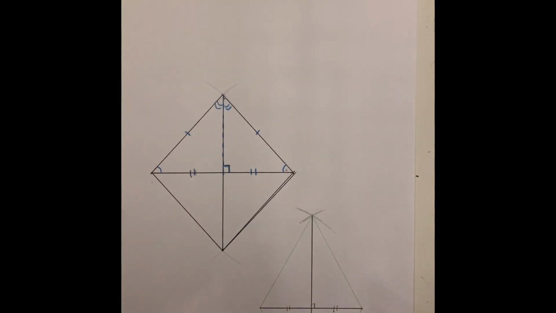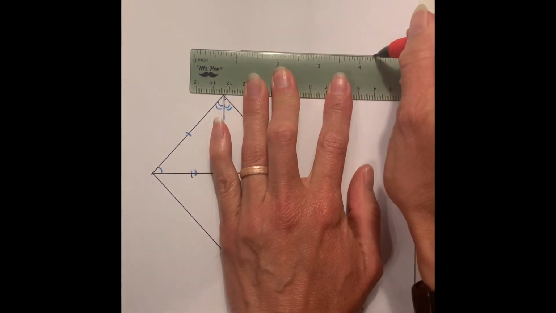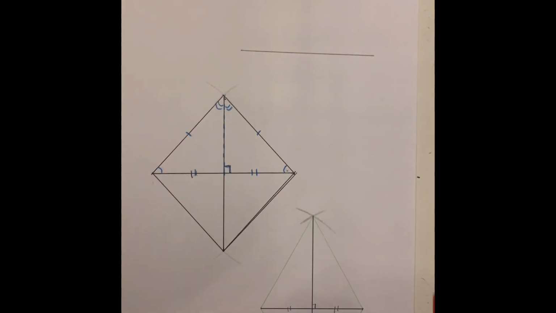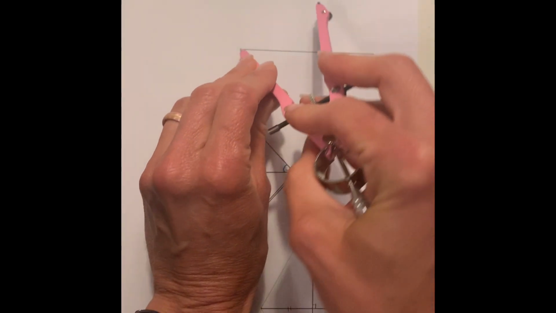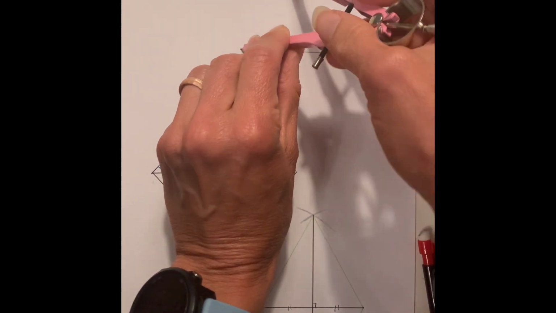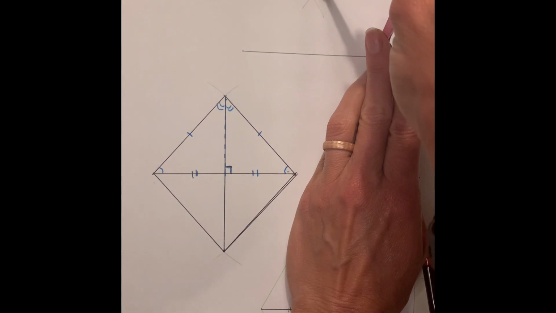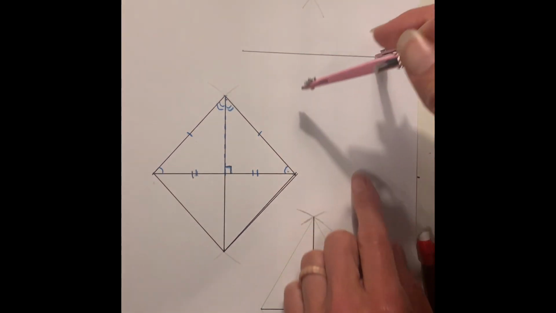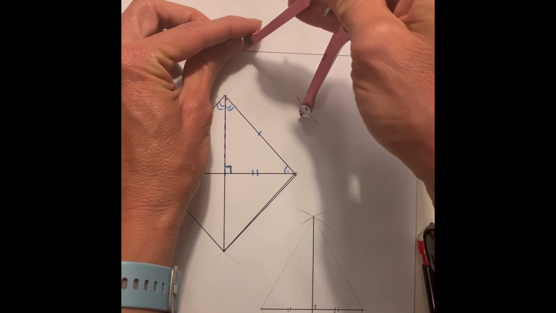So, knowing this, I should be able to give you any random segment length, and you should be able to bisect it, because what you're doing, think about, is you're basically constructing an isosceles triangle on top of this thing, and you're constructing one down here as well.